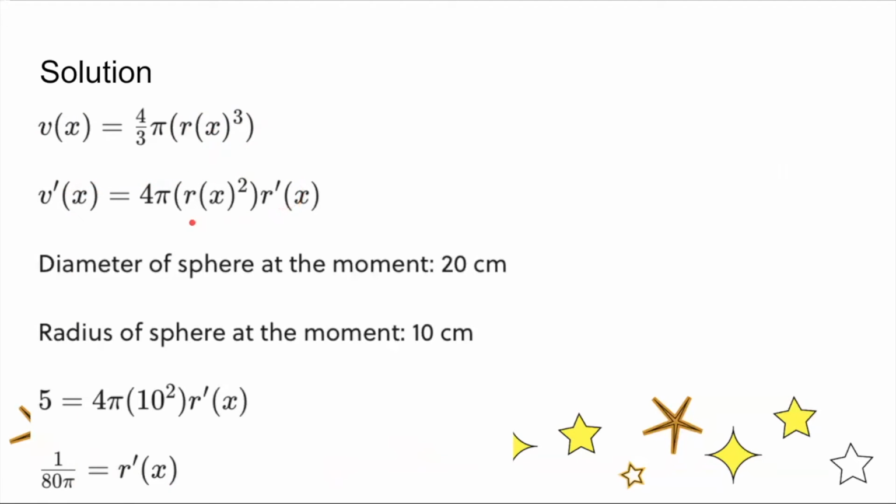And the diameter of the sphere at the moment we know is 20 centimeters, which means the radius is 10 centimeters. And that means that R(x) is 10 because we know that R(x) is just radius as a function of time. And V'(x), we know that's 5, so we plug those in. And then solving, you'll get that R'(x) is equal to 1/(80 pi). And if you want units, it's centimeters per minute.